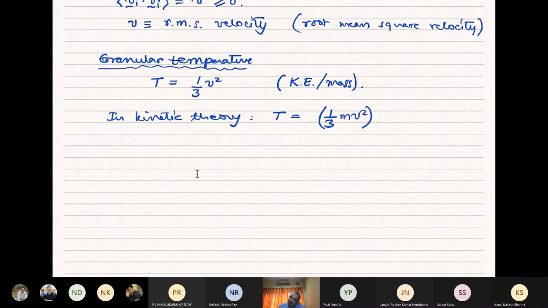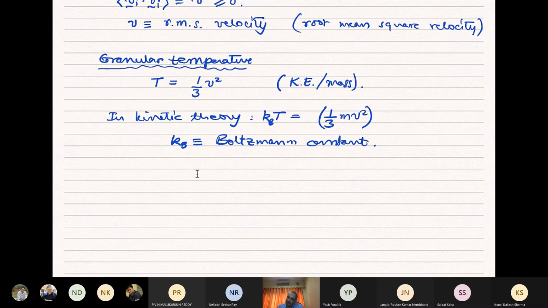But then, there is a factor called kB, which is added here. So kB into T, where kB is the Boltzmann constant. So if you write it like this, you can see the difference.